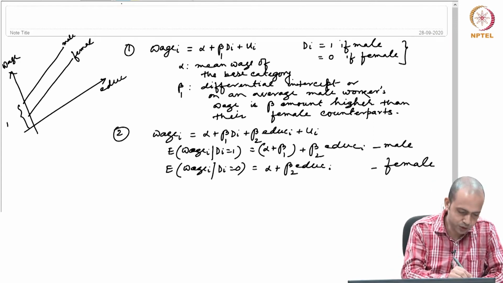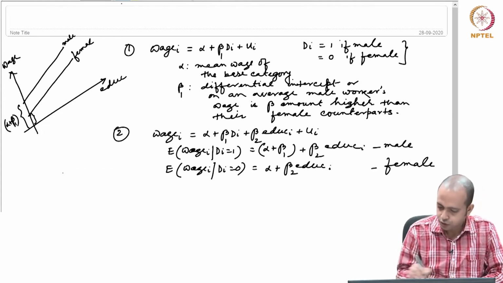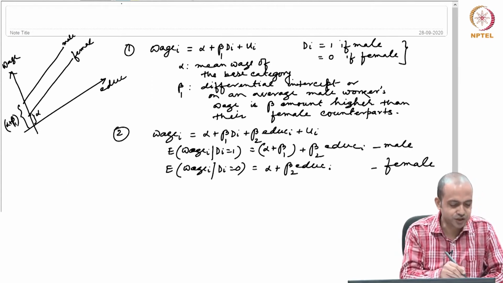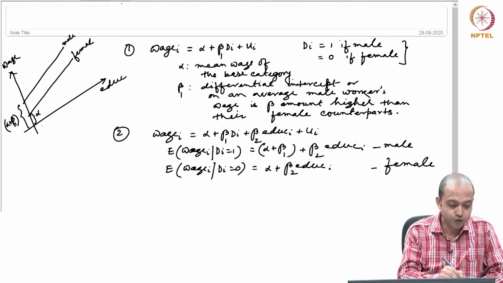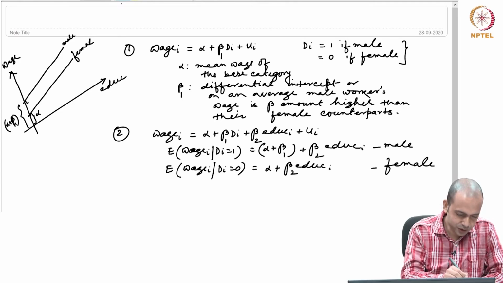Alpha plus beta 1, and this is simply alpha for the female. So, beta 1 is basically the differential intercept. You can easily understand that this difference is basically beta 1.